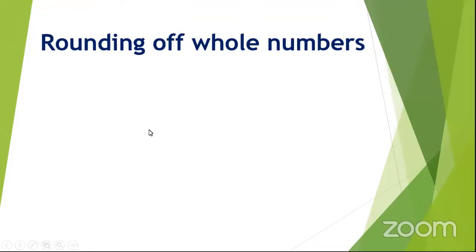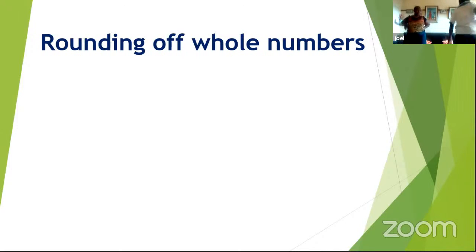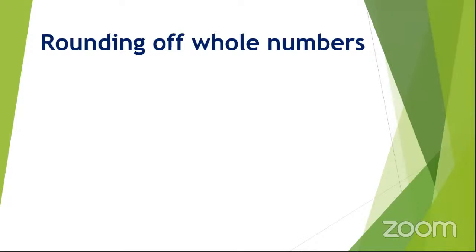First, we are going to do some little revision with rounding of whole numbers. We should understand the following when they talk about rounding off. When rounding off numbers, the first thing you should always know is the place value of each digit in the number given to you.